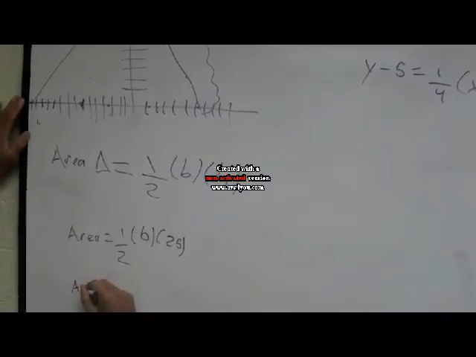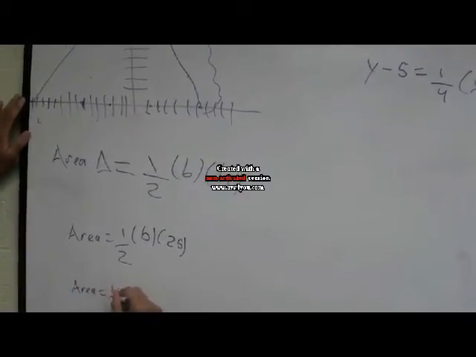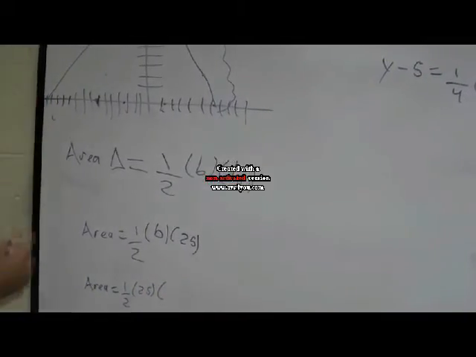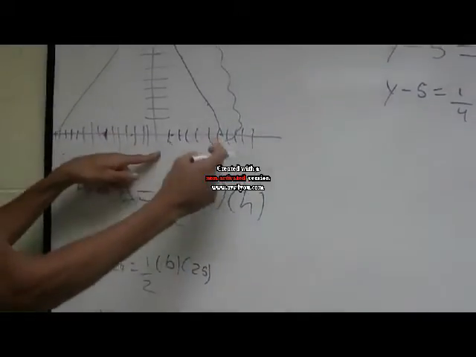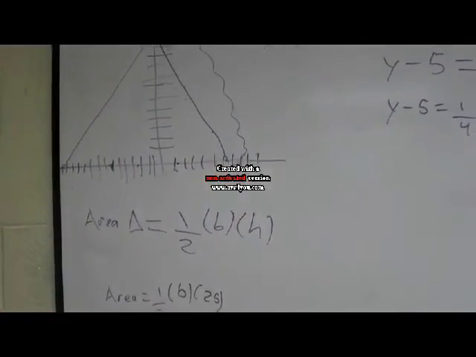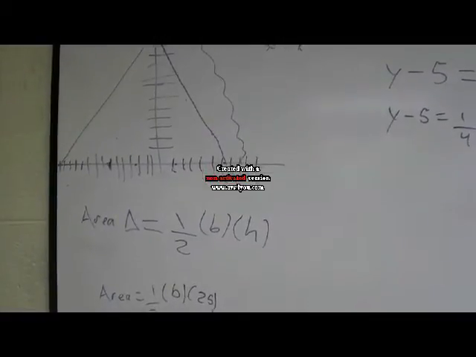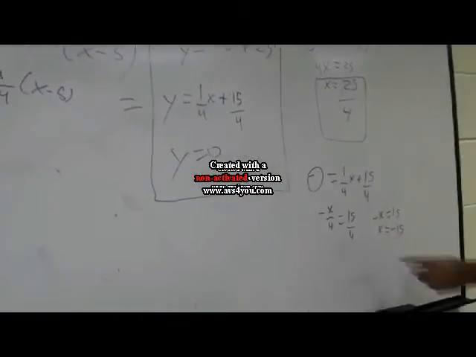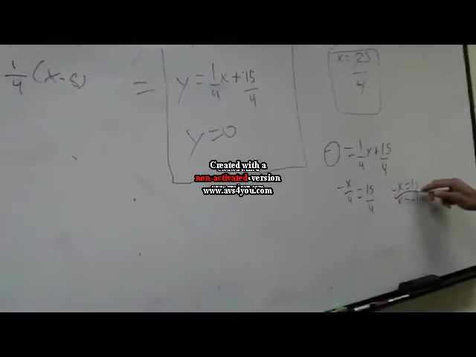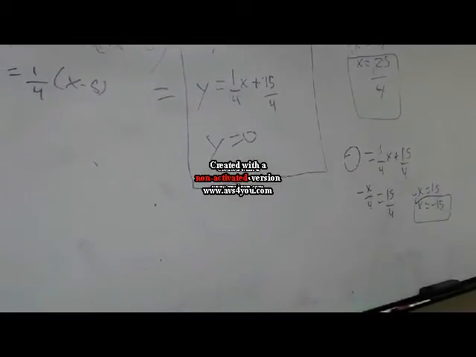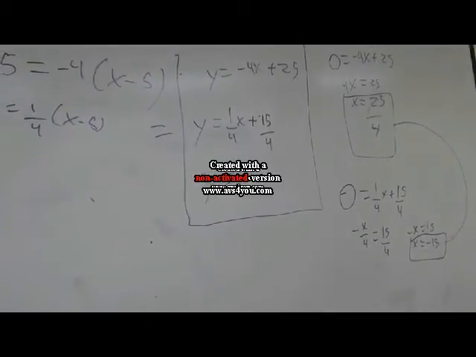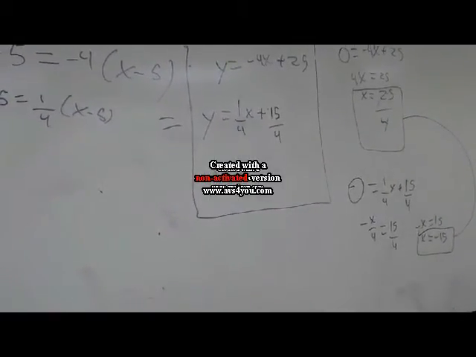And then we need to find the base. So our base is going to be this distance plus this distance, and remember that's all positive. So this gets really easy. Now we can just look at where our intercepts are on the x-axis. So we come back over here, and we know that one of our intercepts was -15, and another one of our intercepts was 25/4. So we just literally add them together, or add the absolute values of them together.